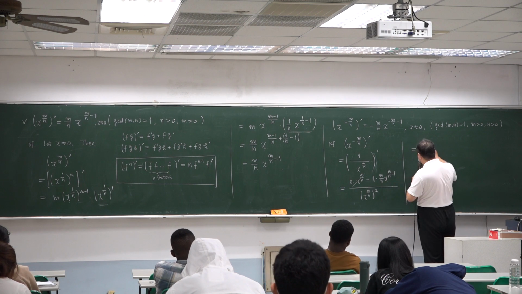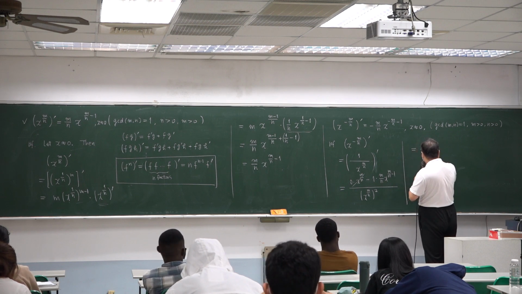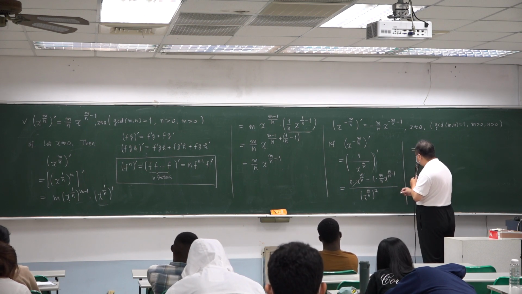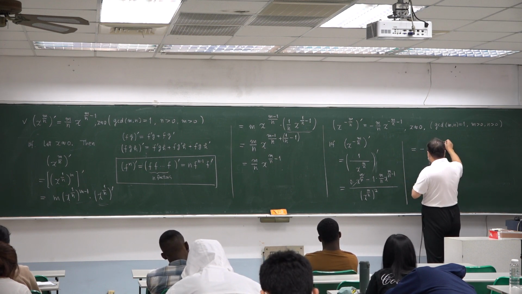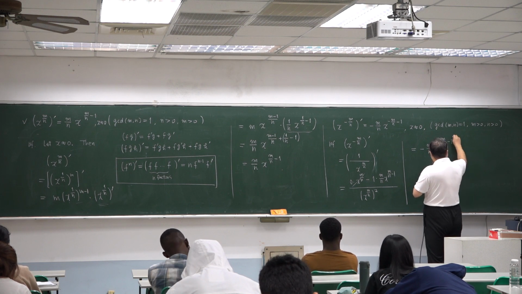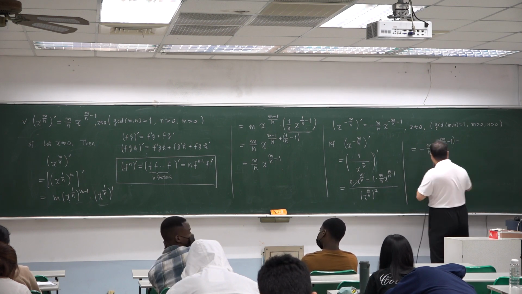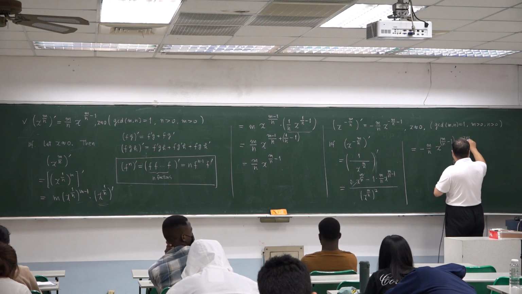And we have the coefficient m over n. About the exponent of x, we have m over n minus 1 minus 2 times m over n.